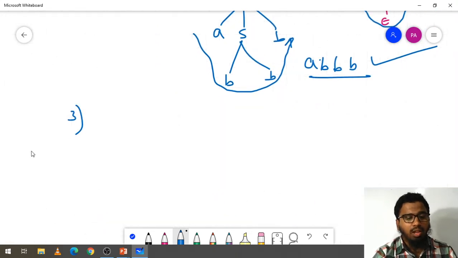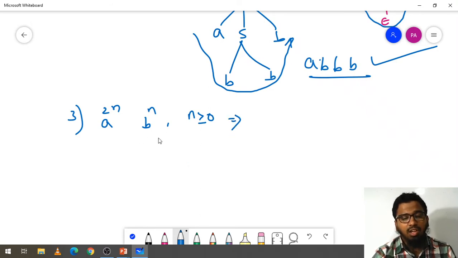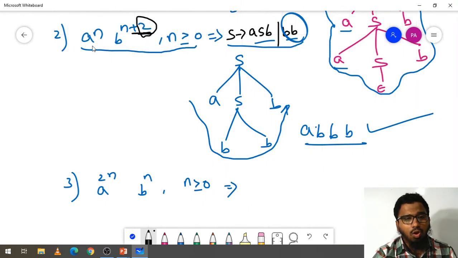Okay, 3, and here I am taking a^2n b^n, and n greater than or equal to 0. For this, how can we write the grammar? Just now we saw a^n b^n, but here a^2n.